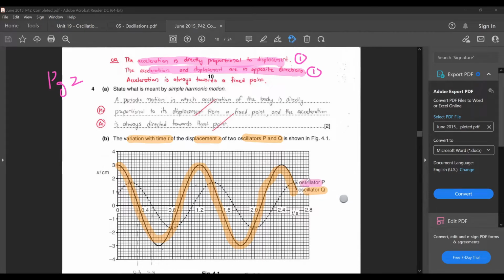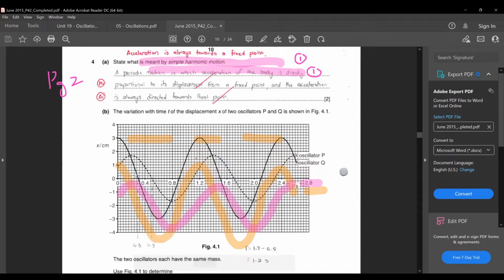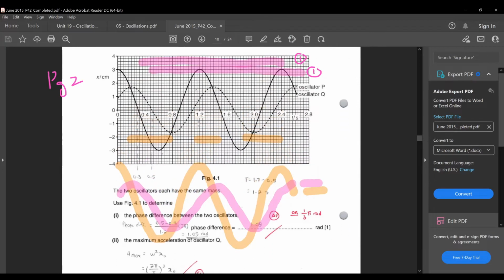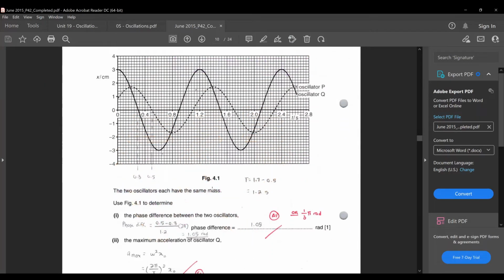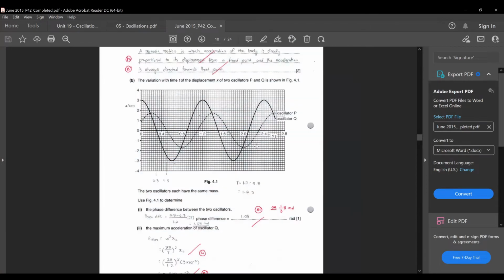Oscillator P is the dotted line in pink right here. What you have here is a displacement-time graph. They tell you the two oscillators each have the same mass. Find out the phase difference between the two oscillators from the given figure.